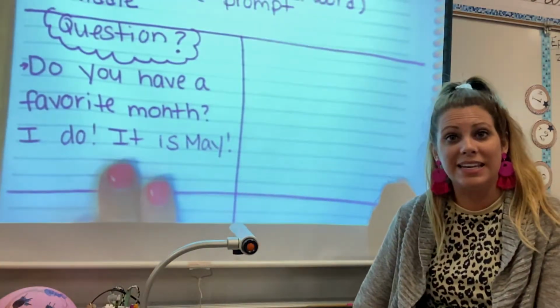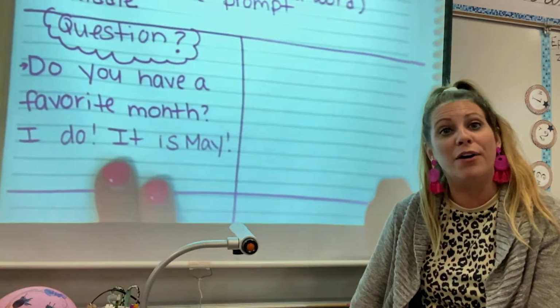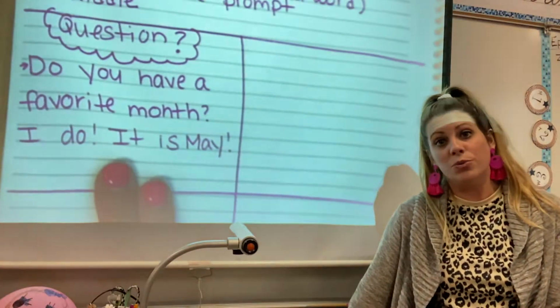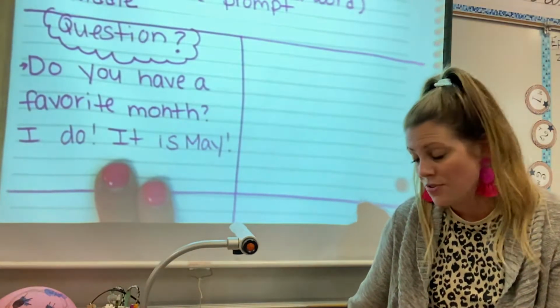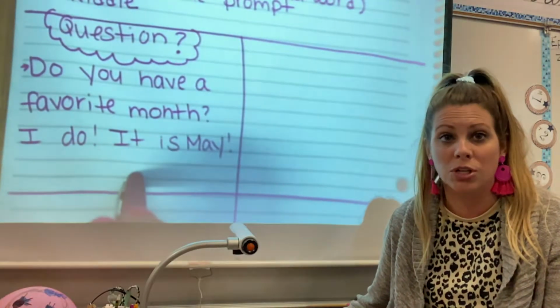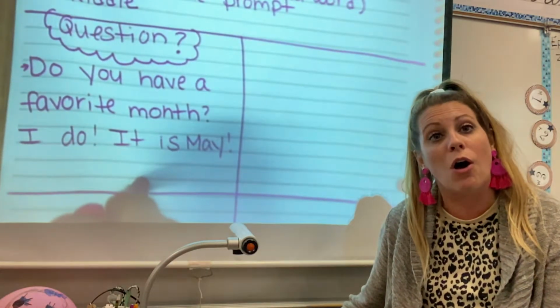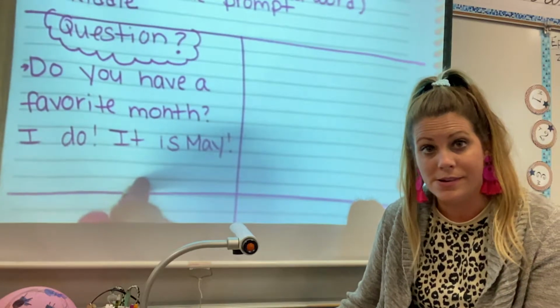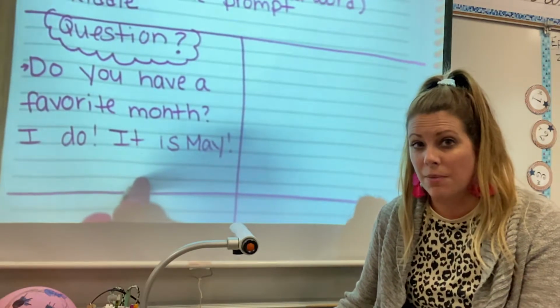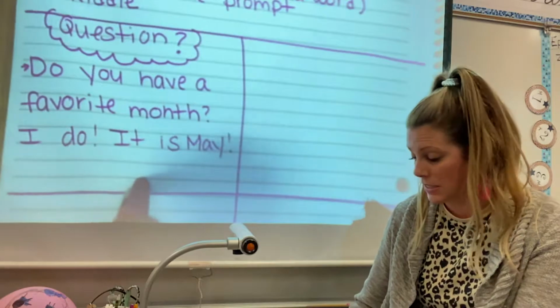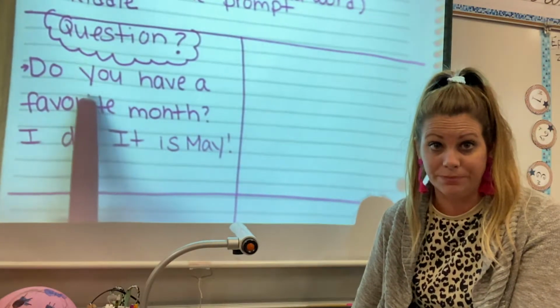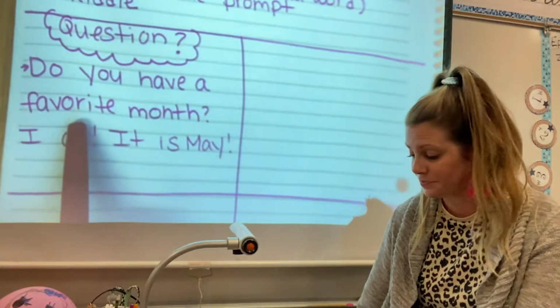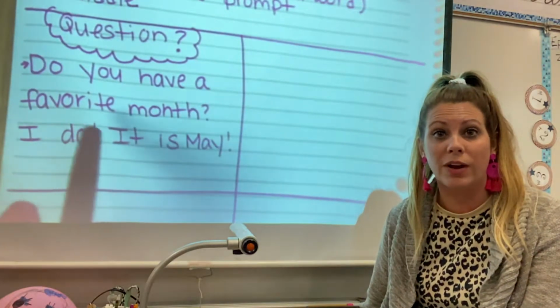So that is an example of a question hook. So when you do your hooks today, you're not going to be able to copy mine because you're going to do it on all of your writing pieces. So I think we've done about 3 or 4 writing pieces. So you are going to come up with a question later, and I'll explain all the directions later, for each of your writing pieces.